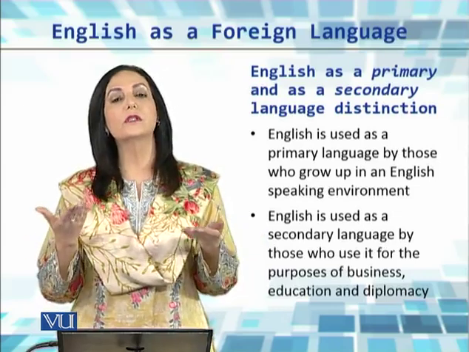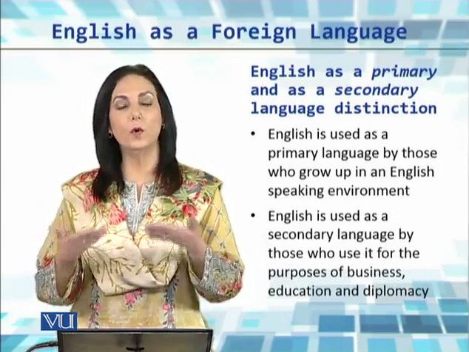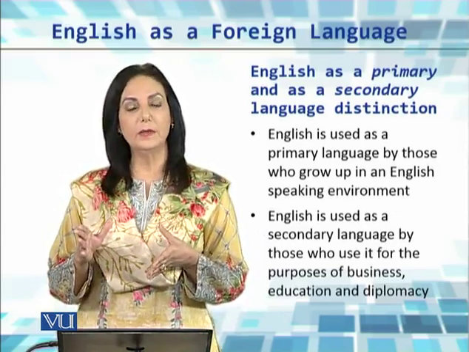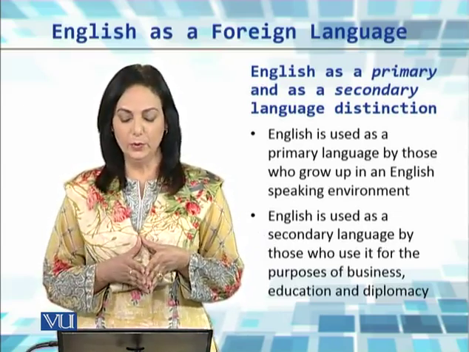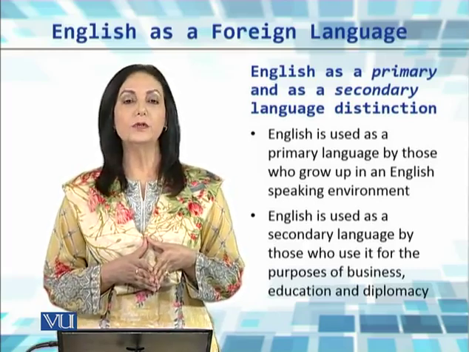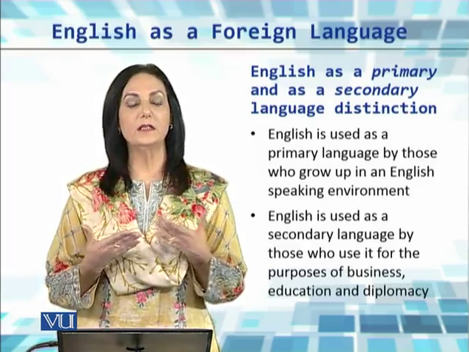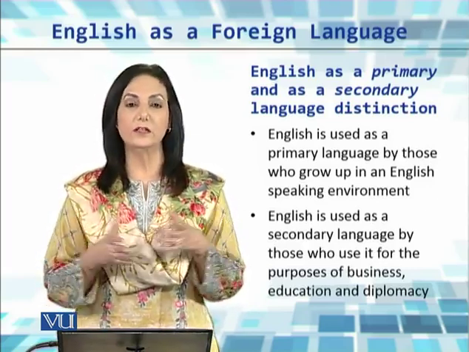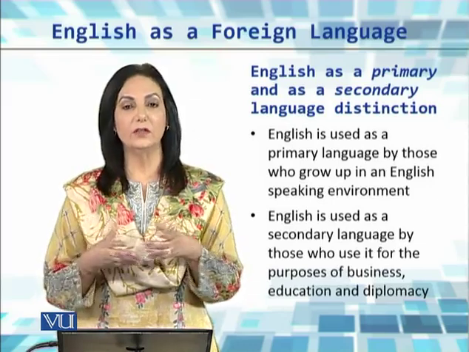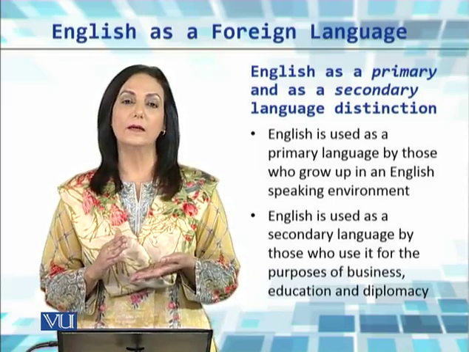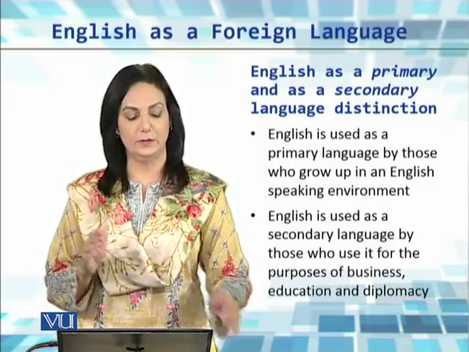All those who use it as a native language, as a mother tongue, home language, etc., are considered primary speakers or users of English. Those who use it as a secondary language are the ones who use it for the purpose of business, education, diplomacy, for international trade and international relations, etc. So all these situations are called English as a secondary language situations.